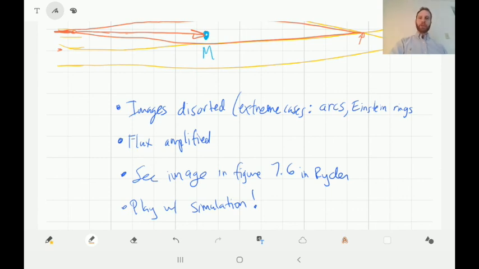That is additional confirmation about the masses of these clusters, and additional confirmation that there's way more gravitating mass than there is in the form of stars and gas.